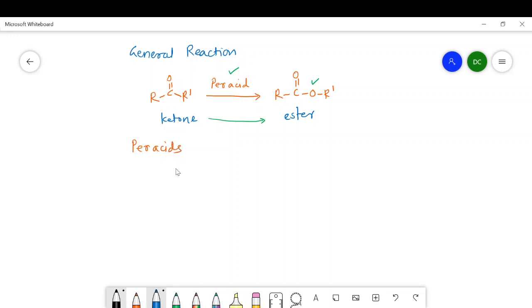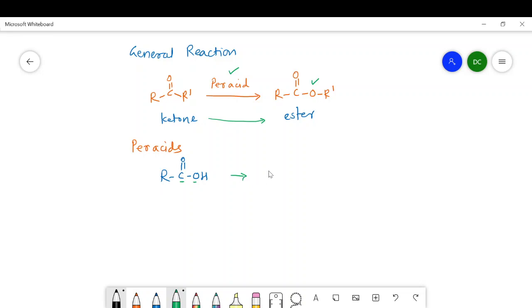Now the structure of carboxylic acid that we have known is RCOOH. Then what is meant by per acid? If this carboxylic acid is written once again and one oxygen is added between this carbonyl carbon and oxygen, then it is called a per acid.